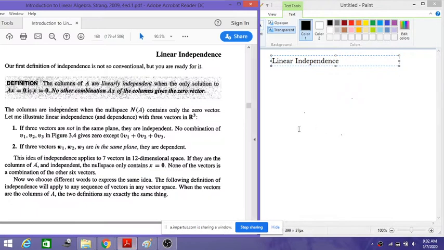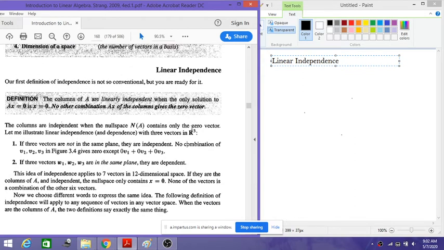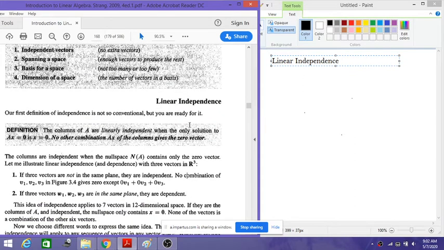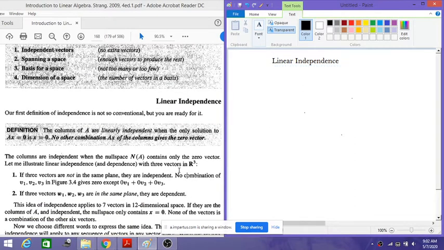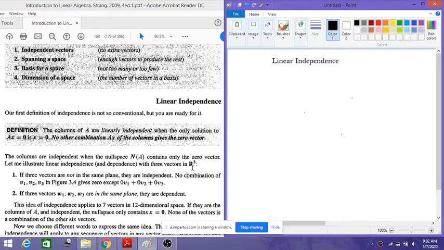In the last tutorial we were talking about independence and a few conditions of independence. What does independence mean? It means if you take any matrix, whether it's matrix A or any other matrix, when do we say that this matrix is independent? Why do we need independence?